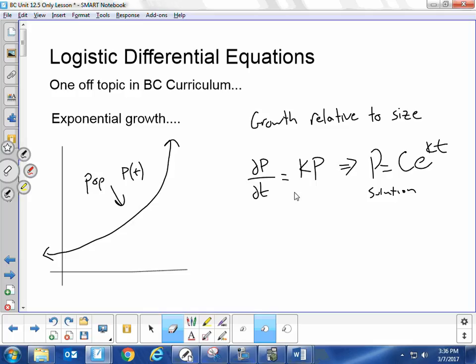This is your solution for an exponential growth model. Sometimes we'd use this. There are certain problems in the past that have done this, but really for you guys, it's important to just understand this is your differential equation for something that grows exponentially quickly or slowly. If k was negative, we would have an exponential decay, which would look something like that.